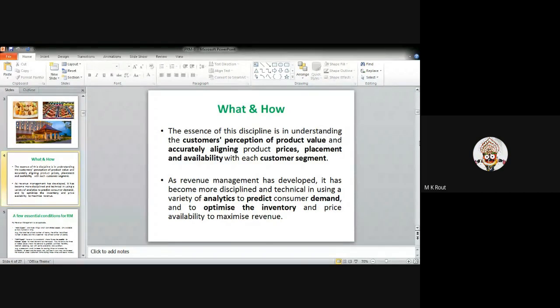In the essence of discipline, I just repeat the same thing. A company like DS Group launched the candy segment, especially with reference to customer perception of product value. They directly focus on product value. The next is accurately aligning product price and placement. In the candy segment there are a large number of competitors in the market.